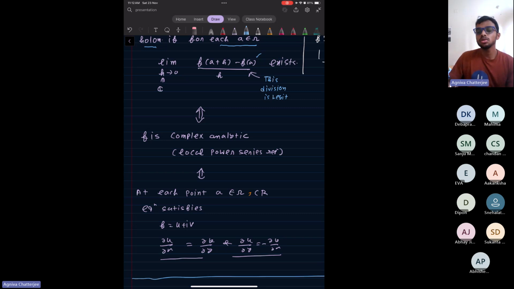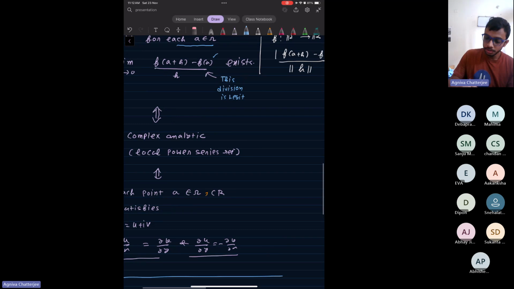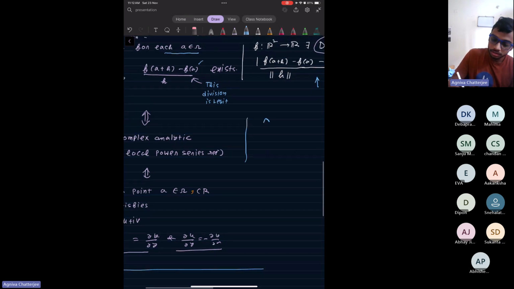Now, if I want to go to several complex variables, the first starting point and the first question one should ask is how to define a holomorphic function in higher dimension. Because the problem in higher dimension is that Cn is not a field.